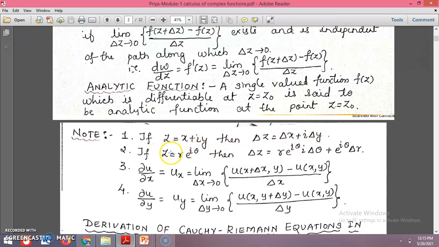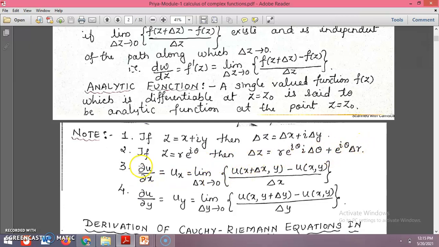In polar form, delta z equals r e to the power of i theta into i delta theta. Means you can use the product rule, and we can write r e to the power of i theta, i into delta theta, and with respect to r, e power i theta kept as it is.